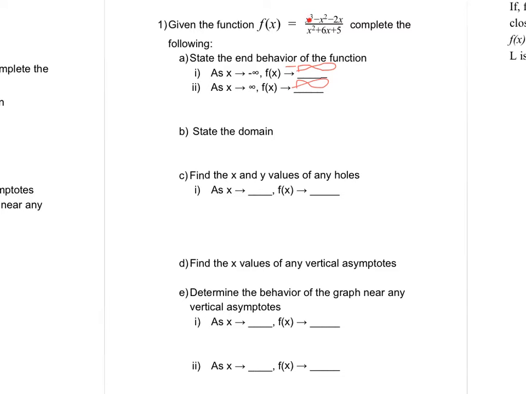X cubed, when x is 1,000,000, means 1,000,000 times 1,000,000 times 1,000,000. X squared means 1,000,000 times 1,000,000. So literally, this first term is 1,000,000 times bigger than that term. So this doesn't really matter. It's so much smaller than this first term.